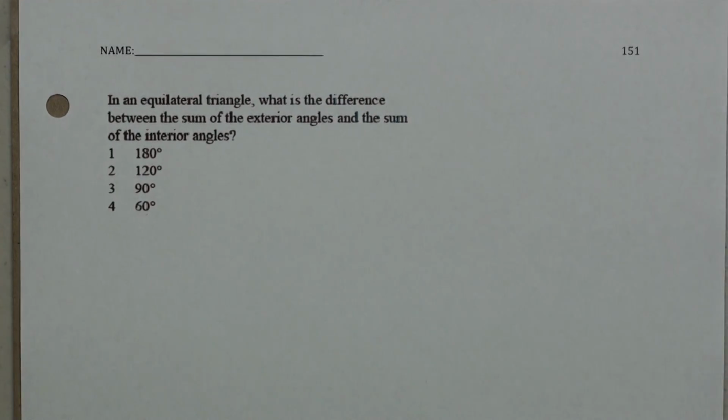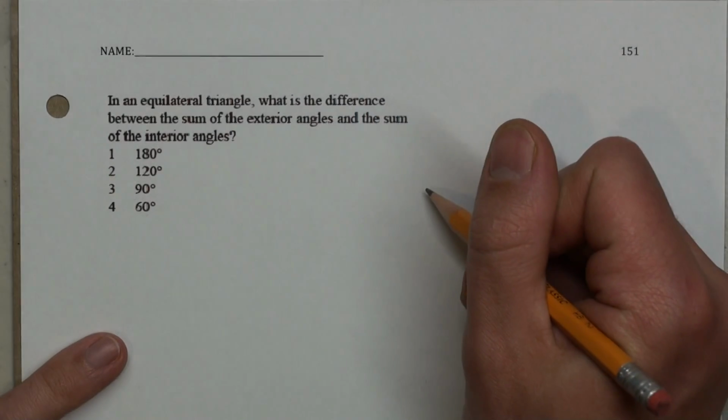In an equilateral triangle, what is the difference between the sum of the exterior angles and the sum of the interior angles?